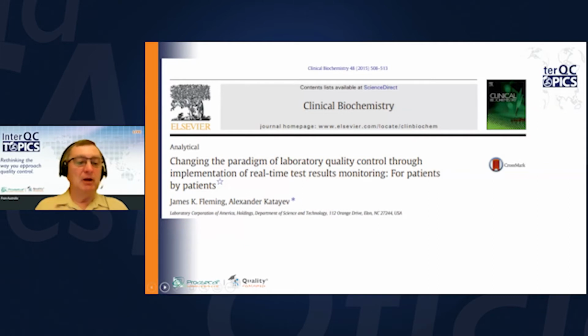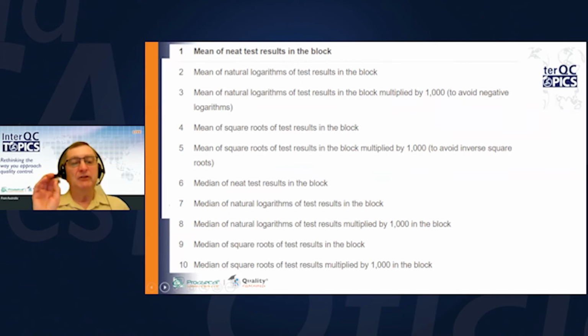And this was a paper put out by Fleming and Kadiev. What was interesting about this paper was that there are lots of different algorithms that you can use. I've mentioned means, medians, weighted means, but in fact they used logs of sample results, square roots of results, and medians as well as means of those things.